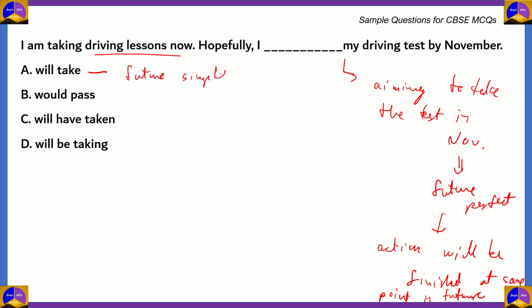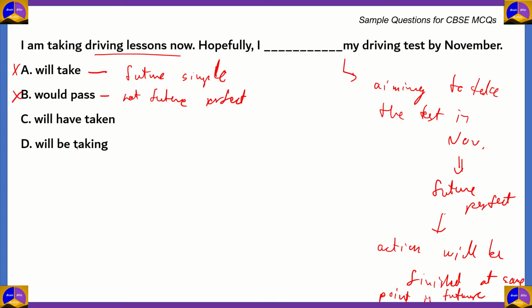So therefore, the correct option would not be A. A is incorrect. Now, what about B? Would pass is, again, not future perfect. So therefore, option B would be incorrect.